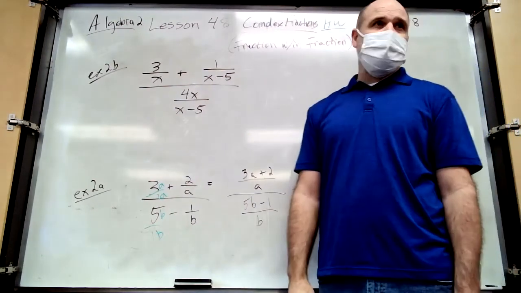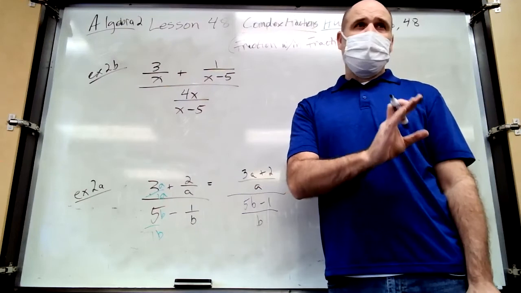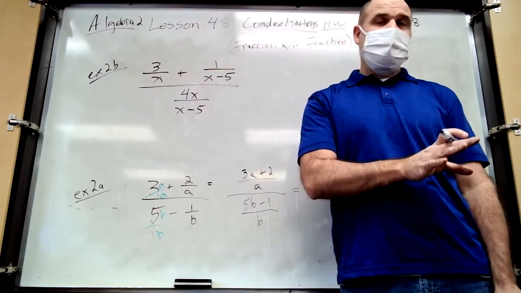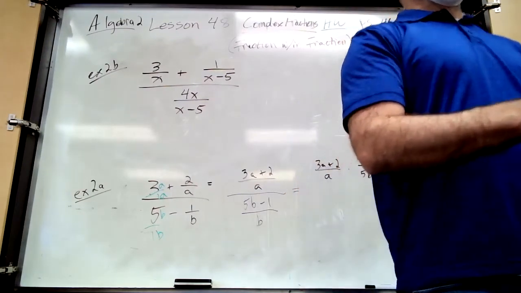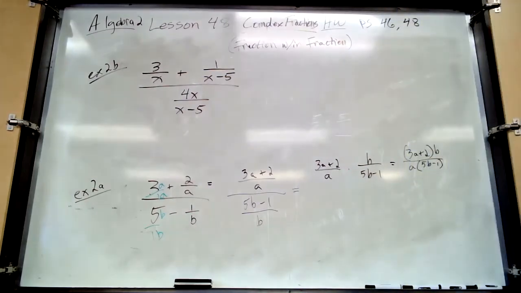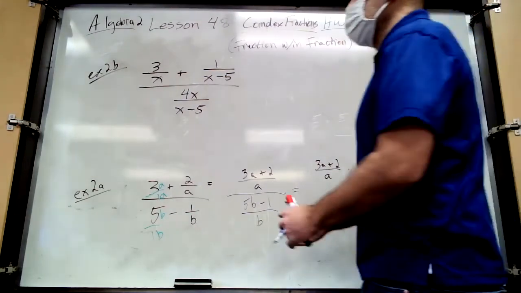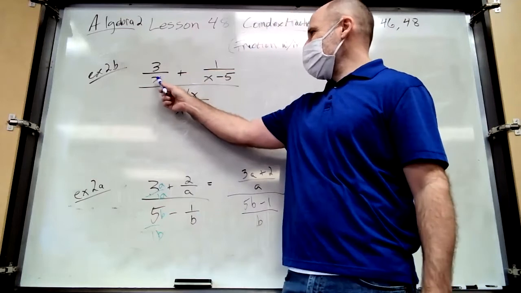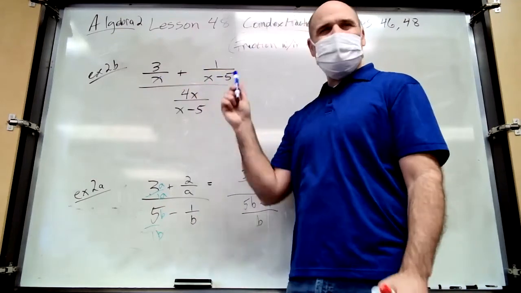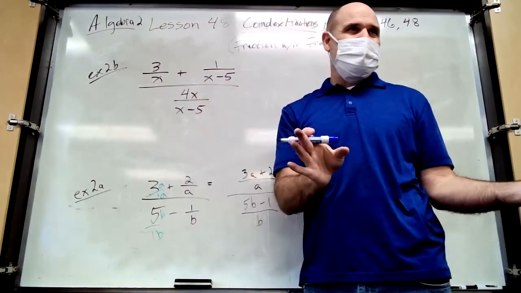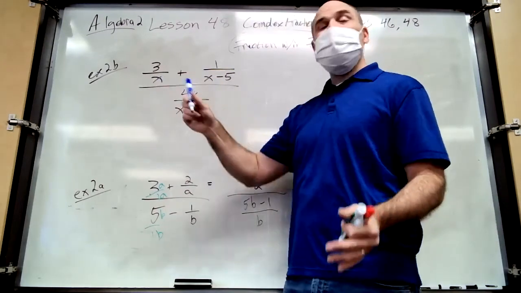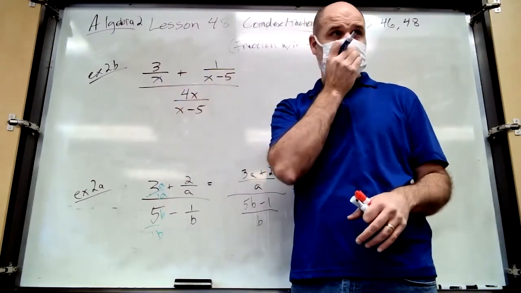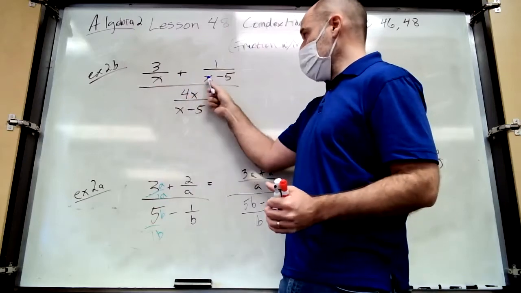Now, that's at first glance, and what an Algebra 1 student would say, and an Algebra 2 student right after Christmas break who's a little rusty, and that's okay. But see how these x and x minus 5 have nothing in common. There's an x in there, but there's no factors in common, right? Because factors are multiplied. This is not being multiplied.